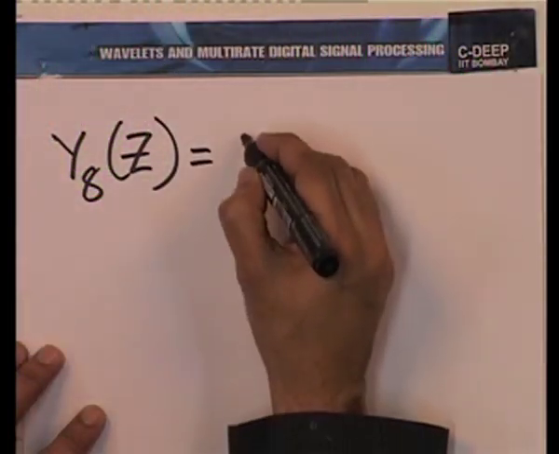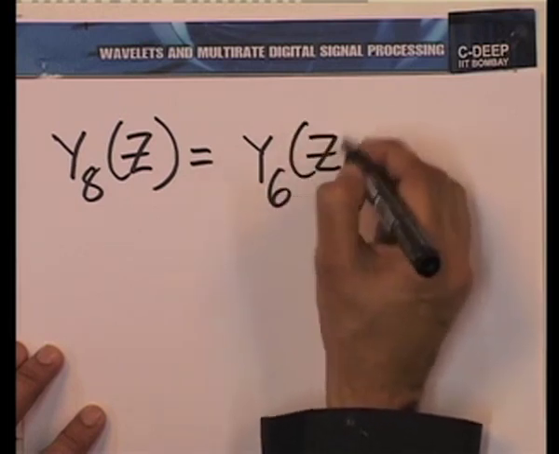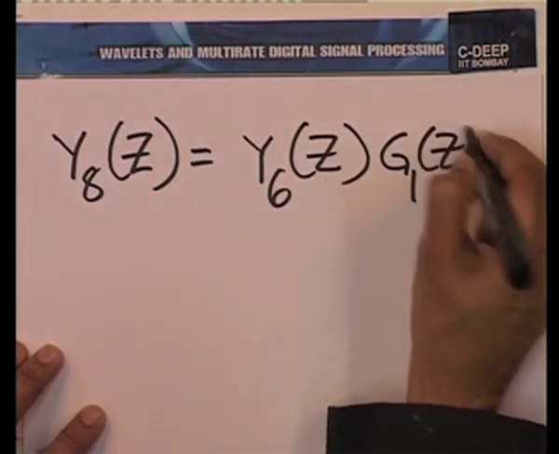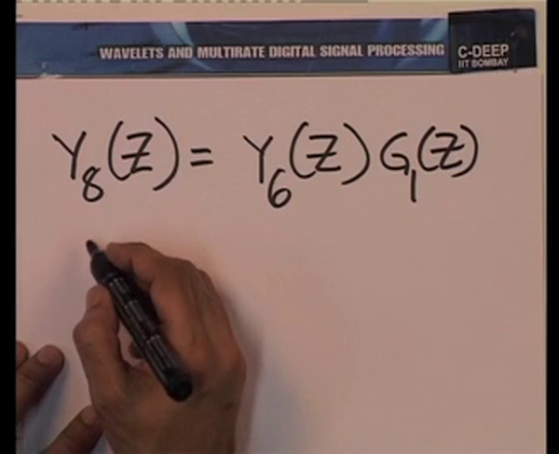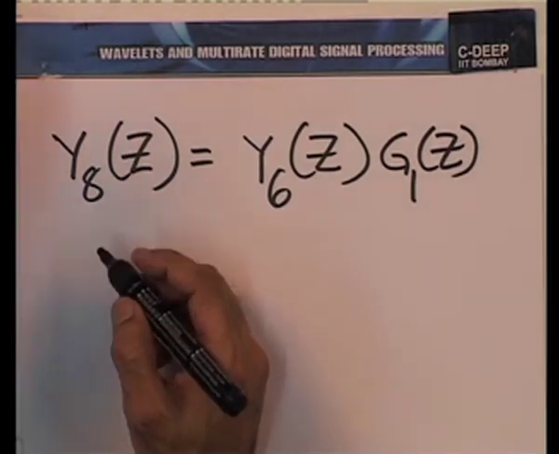So, y8(z), as I said, is going to be y6(z) times G1(z). Y6(z) is going to be related to y2(z).